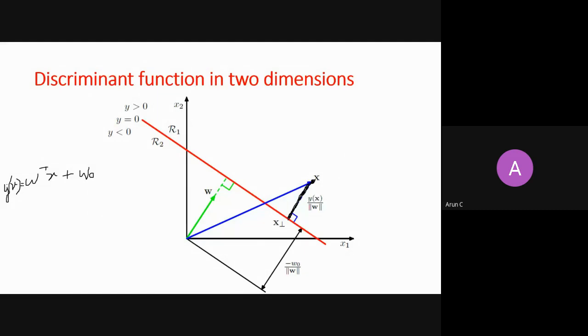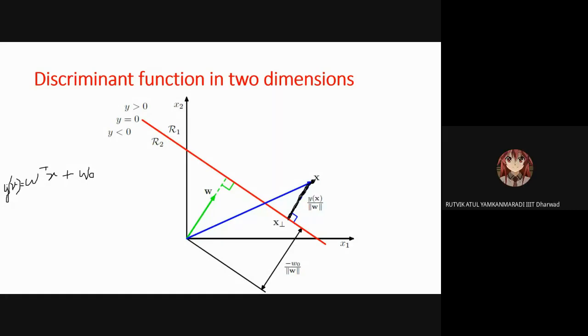If your x falls on the hyperplane, then this equation will equal what number? Can anybody tell me? 0. Very good. It means if the projection is positive, what set of x are you talking about?